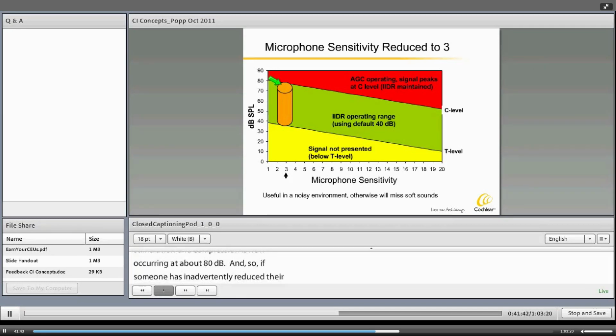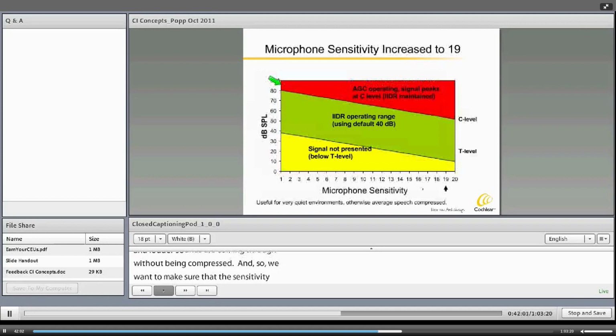And the C level stimulation and compression is now occurring at about 80 dB. So if someone has inadvertently reduced their sensitivity all the way down, they are now not hearing all of those soft sounds, and louder sounds are coming through without being compressed. We want to make sure that the sensitivity is being used appropriately.